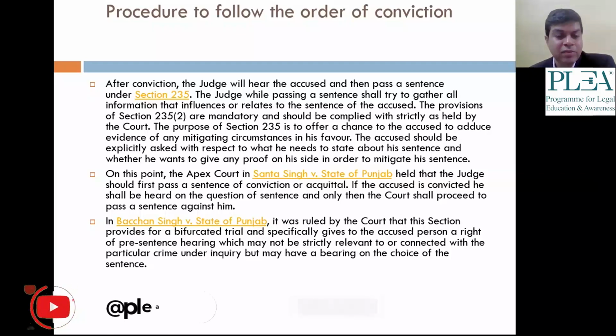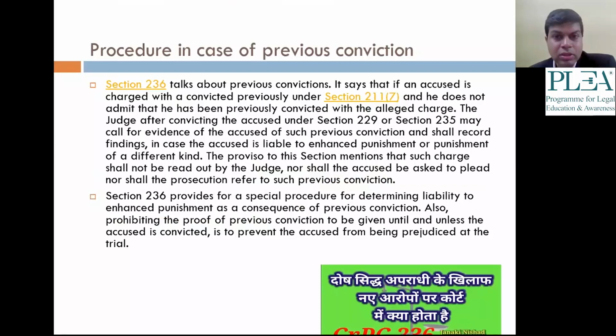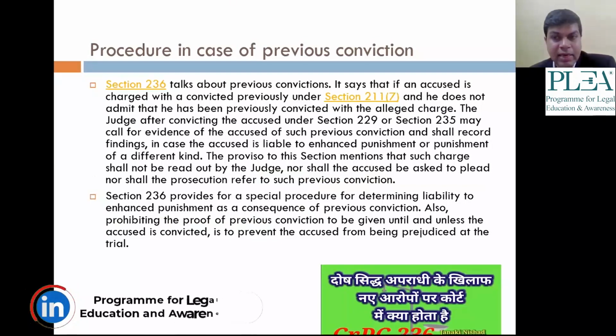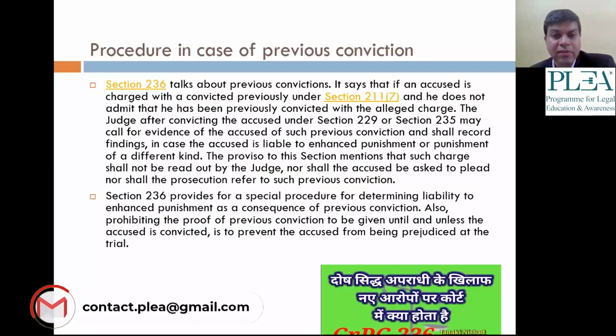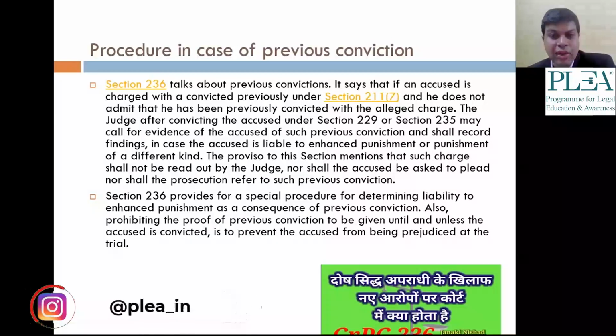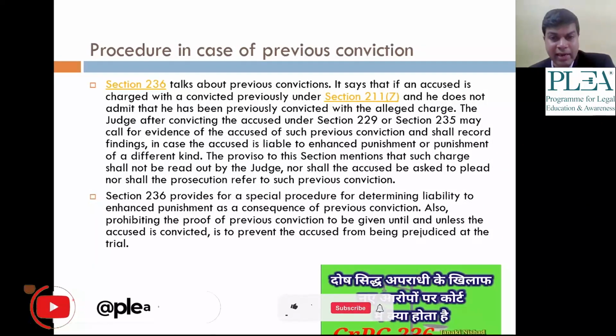That is the procedure in case of previous conviction. Section 236 talks about previous conviction. It says that if an accused is charged with a previous conviction under section 211 subsection 7 and he does not admit that he has been previously convicted as alleged, the judge, after convicting the accused under section 229 or section 235, may call for evidence of such previous conviction and shall record the findings.